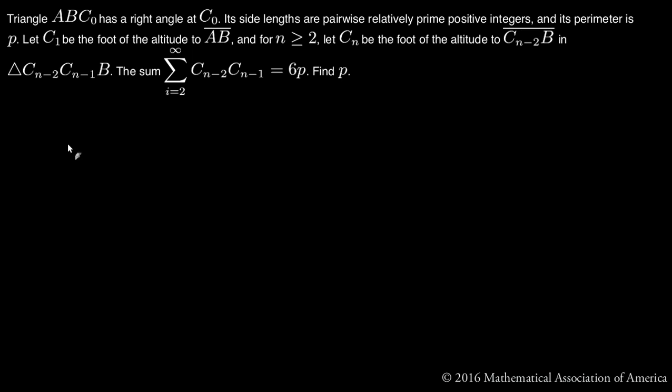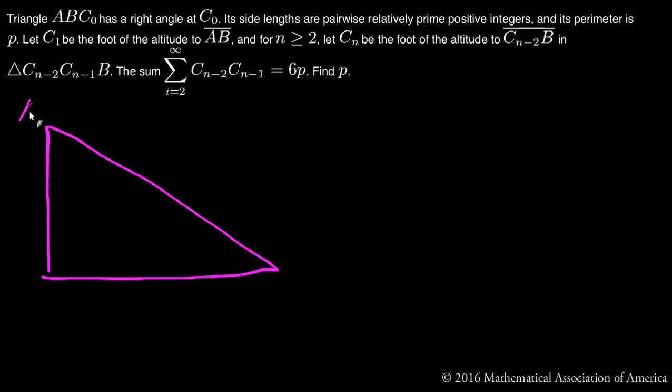And so what happens is this. Let me draw the original triangle. I have A, I have B, I have C0. In here, we're going to keep on making altitudes to the hypotenuse.